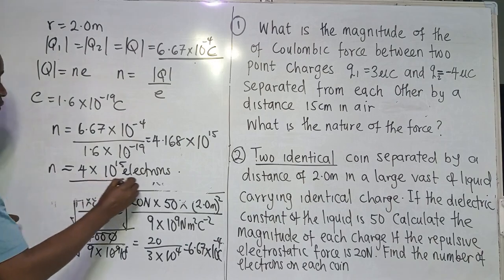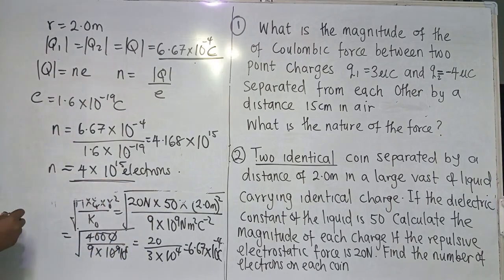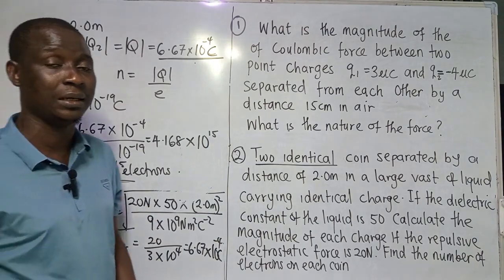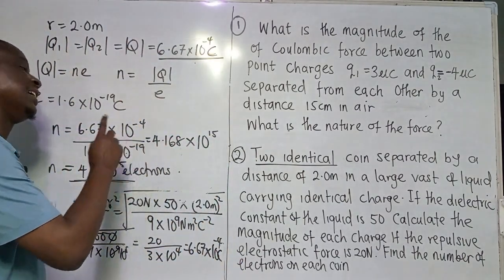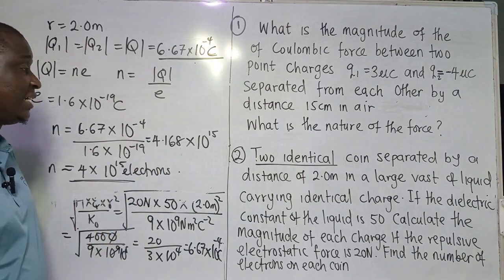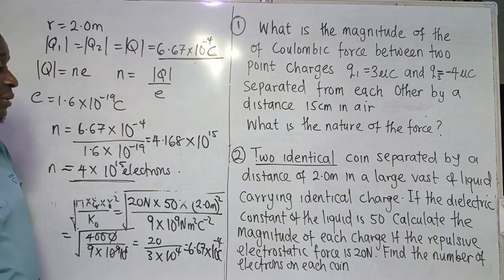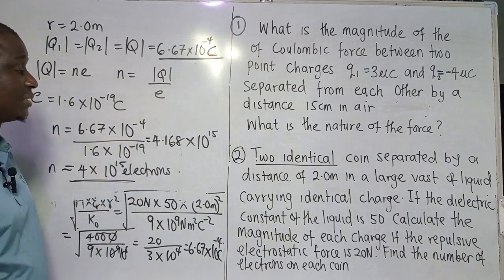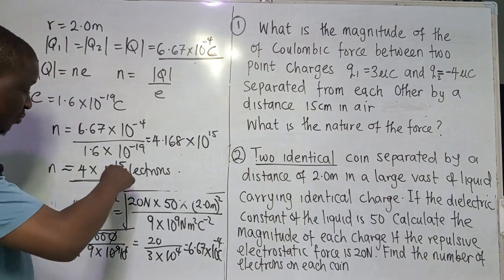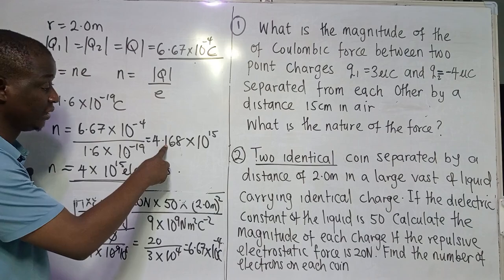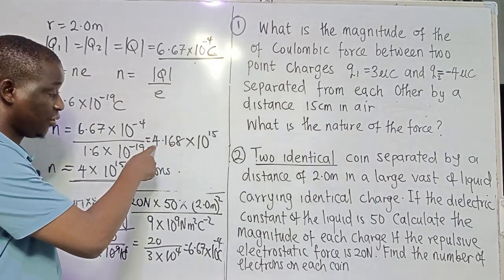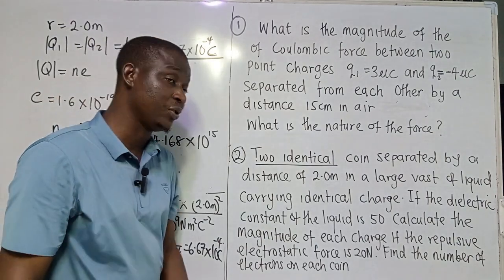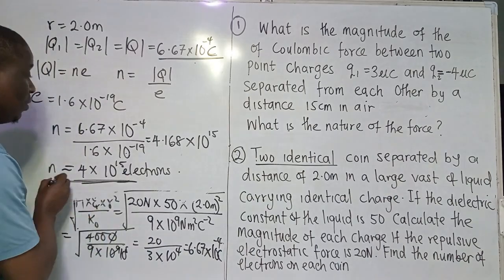This is the number of electrons in each of the coins. The number of electrons exists as a whole number, so I just take it to the nearest whole number, that is, to the first significant figure. But the next digit is not up to 5, it's 1, so you cannot add to this. Assuming it was 4.568, I would make it 5. So that will be your answer to the question.